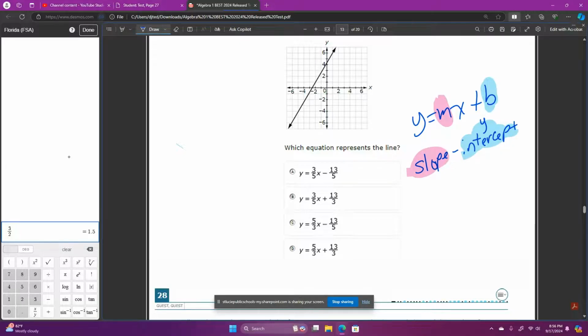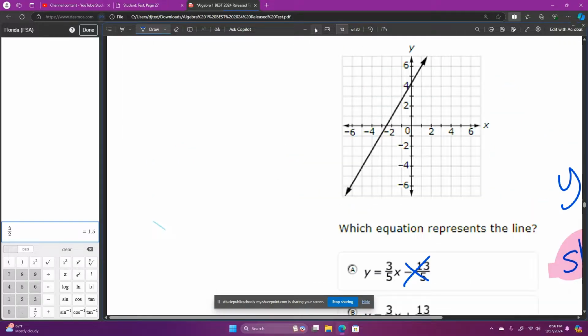So what is our y-intercept? It's a little bit over the 4, and it's positive. So that's a negative y-intercept, that's a negative y-intercept. And now, oh, they're so mean to my old eyes here. I need to see if my slope is 5 over 3 or 3 over 5.